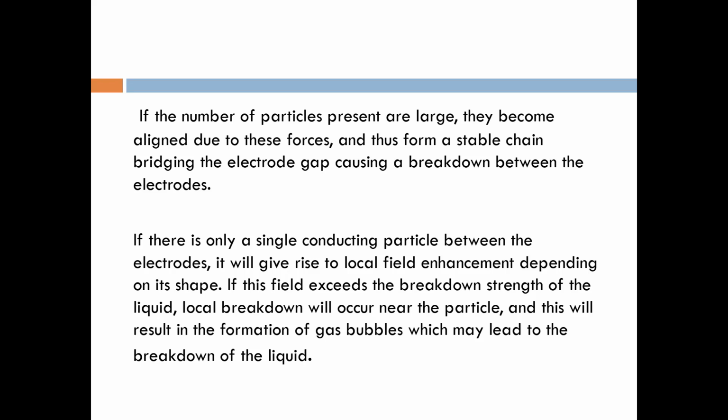In the suspended particle theory, if this field exceeds the breakdown strength of the liquid, local breakdown will occur near the particle, and this will result in the formation of a gas bubble. In the first case there is no gas bubble, but when only a single particle is available, gas bubbles are formed, which cause the breakdown in the liquid.